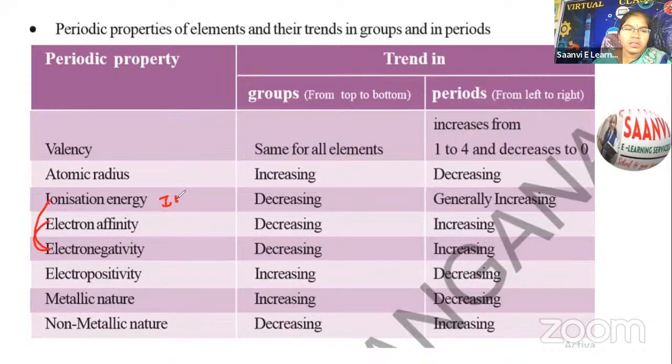Ionization energy plus electron affinity, divided by 2, is known as electronegativity.